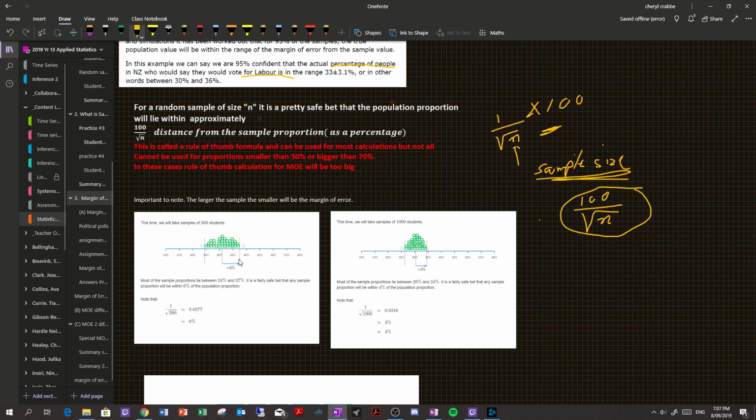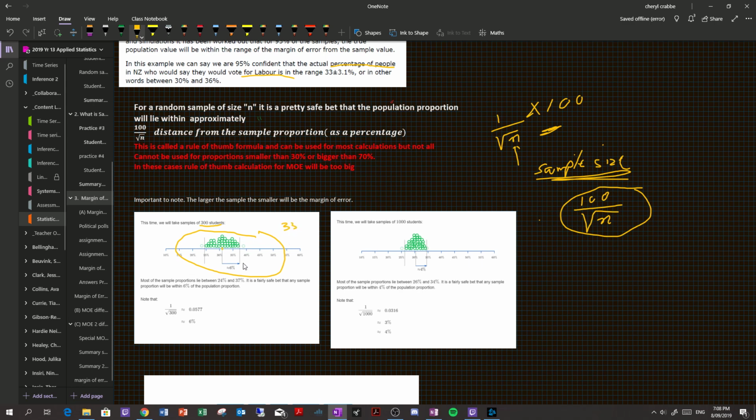If you take a look at these examples down here, we've got a sample of 300 students, which is a reasonably good sample, but it's quite small. And what we end up having is basically the middle of this, which is the 33%, if you will.